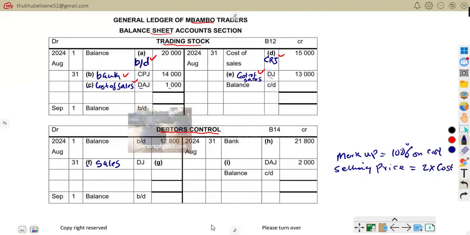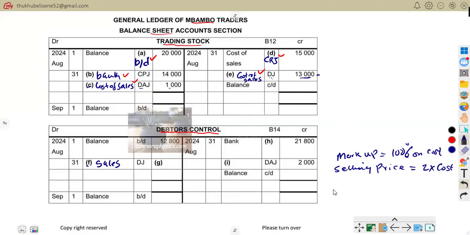From trading stock, we have cost of sales on the debtors journal part, which is how much? 13,000. I'm talking about this amount, which is 13,000.